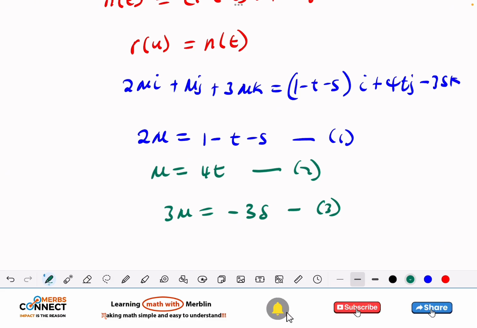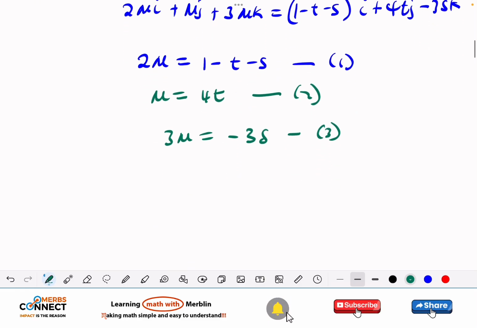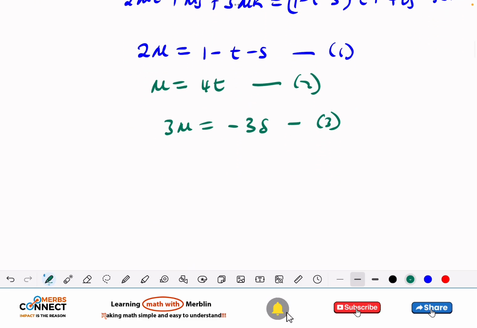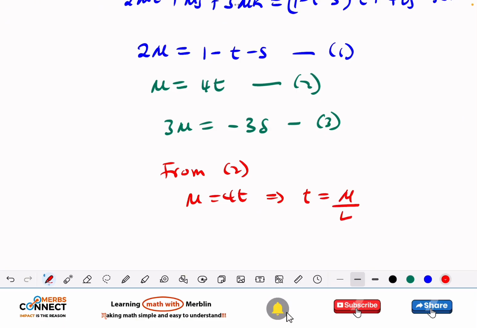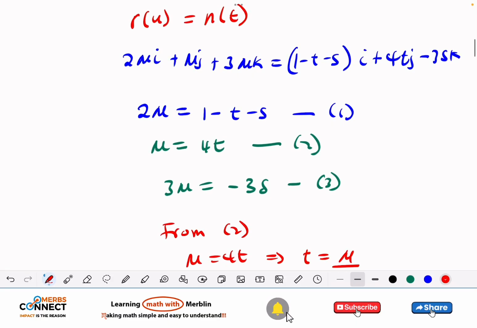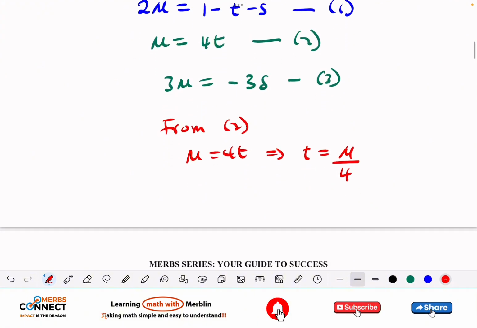So what we can do here is just pick some of the equations and try to solve, right? So for example, from equation 2, we can make t the subject. So from equation 2, we have mu is equal to 4t. This implies that t is equal to mu over 4. Now here we want to make t and s the subject so that we can find mu and then we solve.